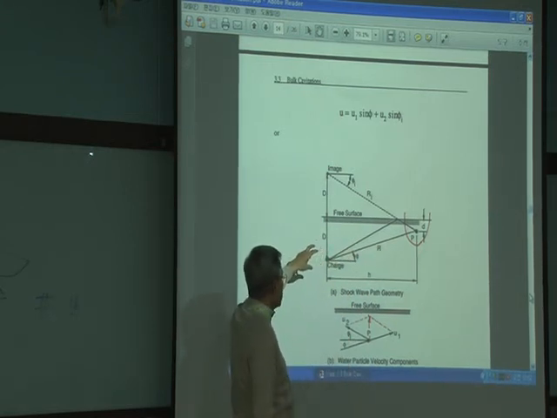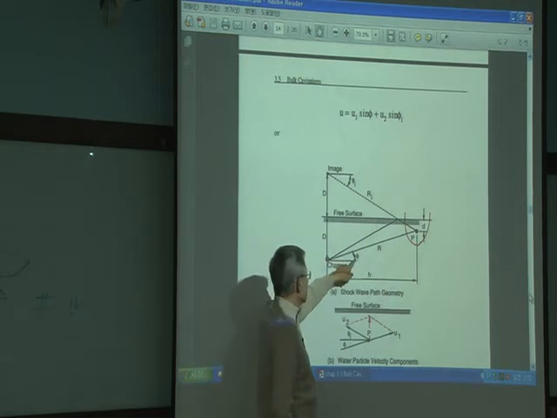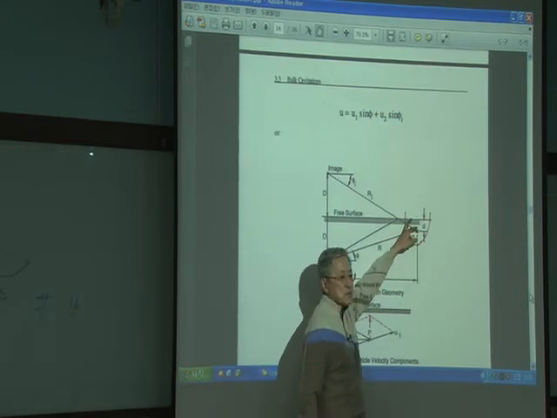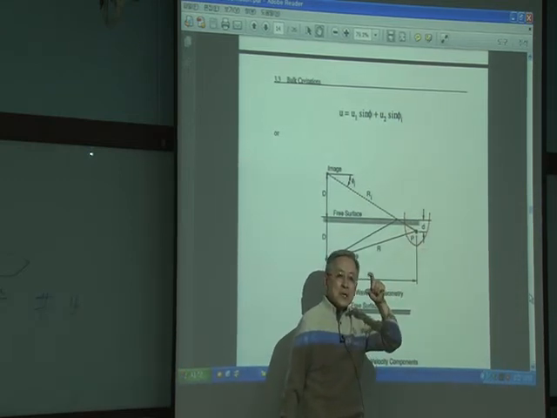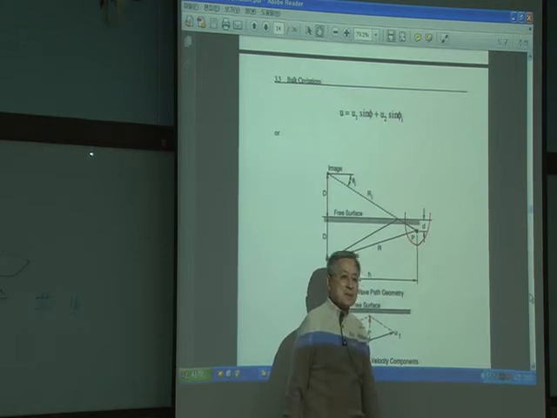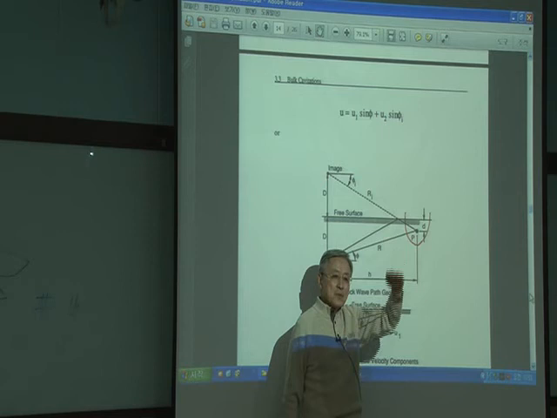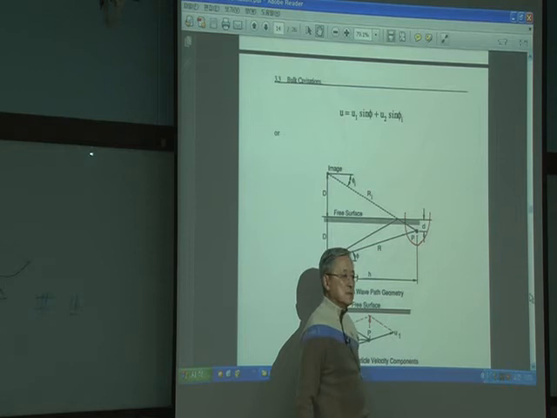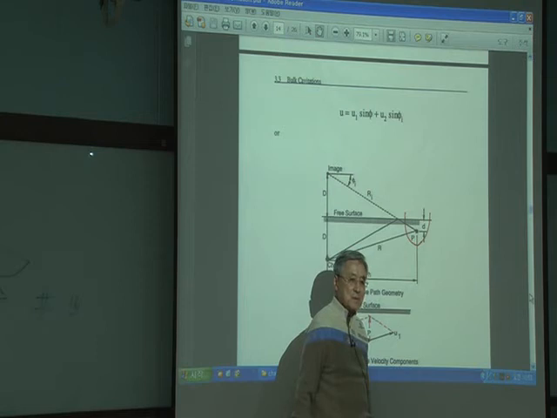So the draft. What I was going to talk about. This angle, phi and phi prime are about the same. Why? Because we are usually talking about shallow depth. It's not 50 feet below the water. The draft is the depth of the wet part of the hull, and it is not such a big number.